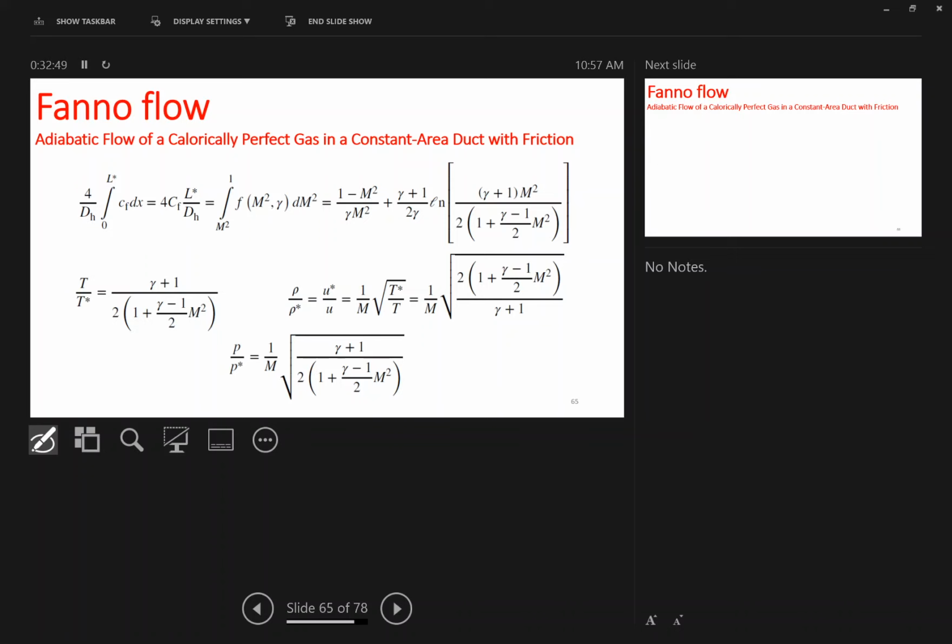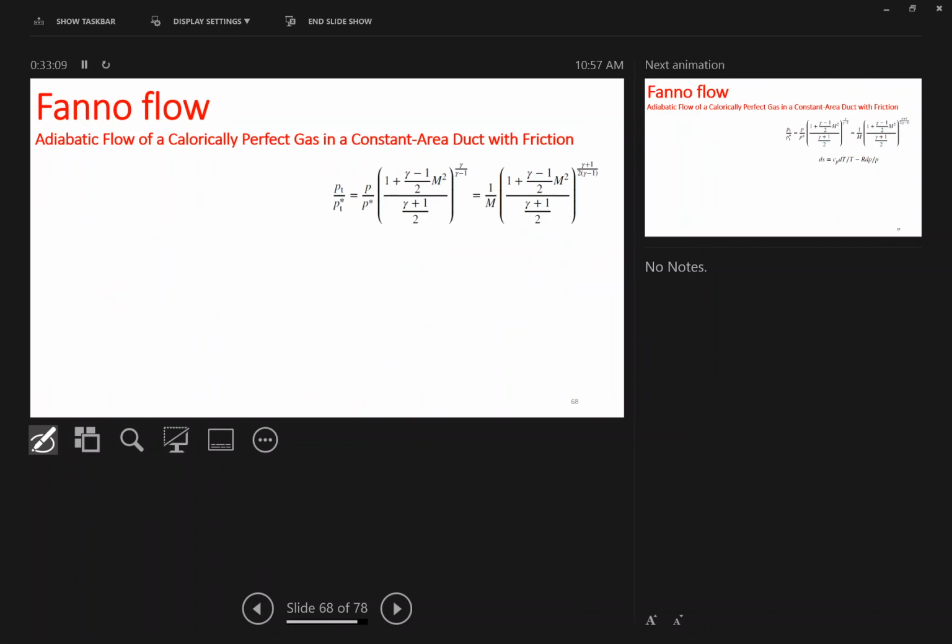Use the equation that relates dx and n. Exactly. Use this equation here. Use the first equation on the board here, right? This part has the L star, and this part is the other side of the equation. Again, this M here in this equation is your inlet Mach number. Okay. So by using this, you can find L star.